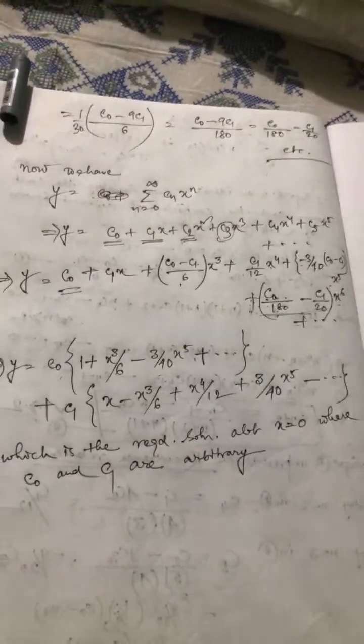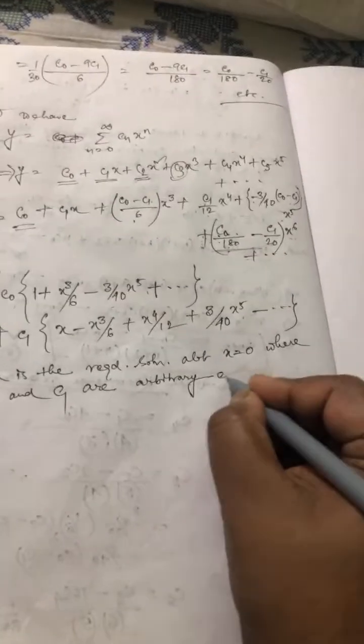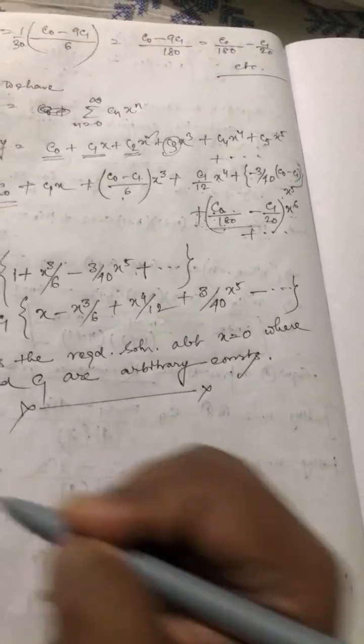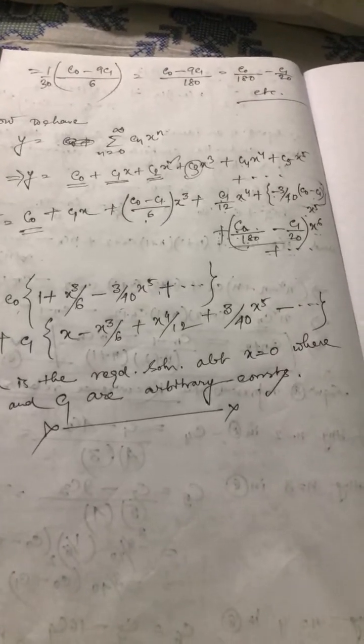That means everything has been expressed in terms of C0 and C1, arbitrary constants, and this is the result. So this is one type of solution where we have obtained the power series solution regarding an ordinary point.